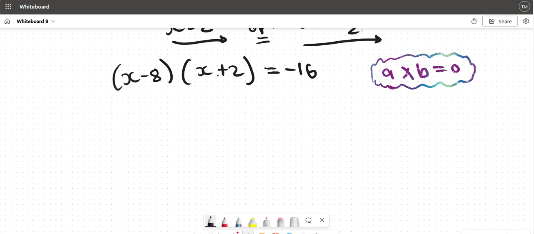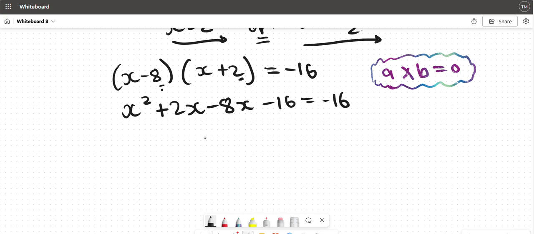So what do I do? I need to expand that bracket first. So expanding it will be x times x is x squared. x times +2 is +2x. -8 with an x is -8x, and -8 with +2 is -16. So I would need to first expand those brackets, and then I would gather my like terms, every single thing on one side.